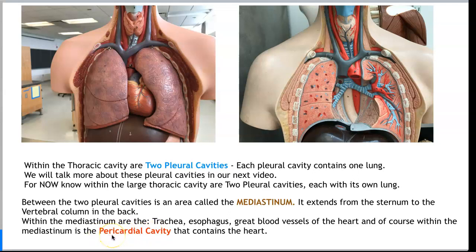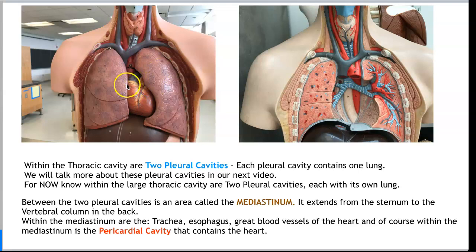Peri means around, cardi means heart. Al tells us it's an adjective. So this is a cavity that surrounds the heart, just like the two pleural cavities surround the lungs. So we will talk about the pleural and pericardial cavities on our next video. So within the thoracic cavity, one more time, we have two pleural cavities that each contain a lung.